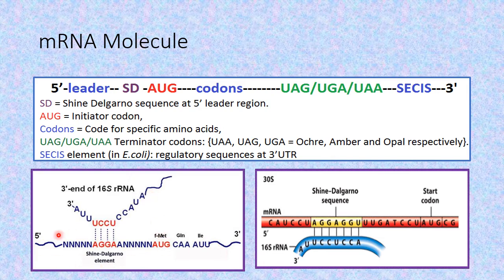So basically, what is this Shine-Dalgarno sequence? In the messenger RNA, towards the 5' region, there is a consensus sequence of GAGGAACCC.